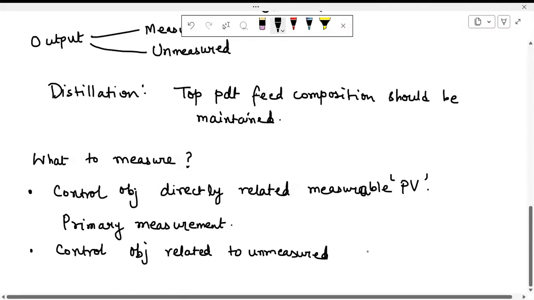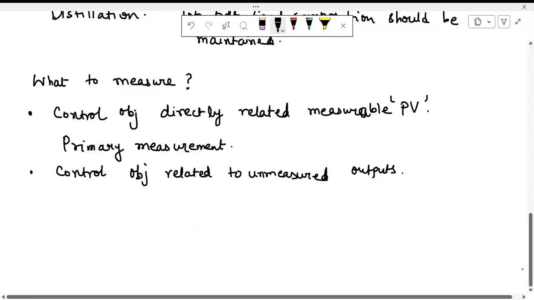So there is a simple solution for this problem. In that case, we will express the unmeasured output as a function of some secondary measurements. I'll give you an example of such a scenario.